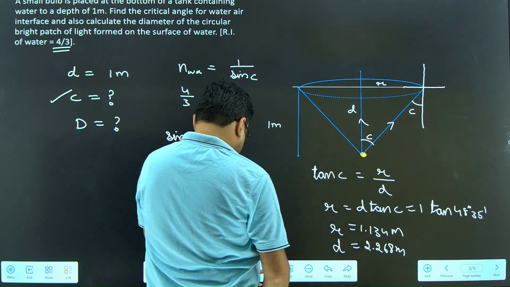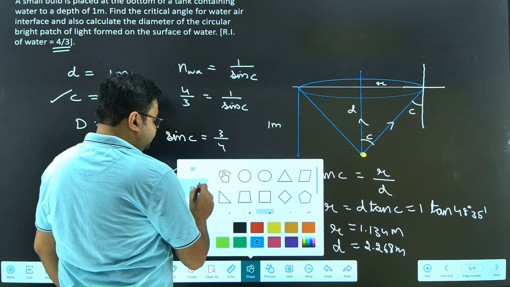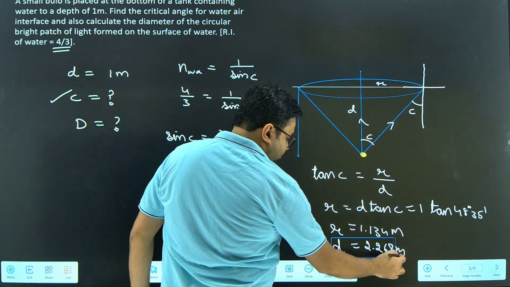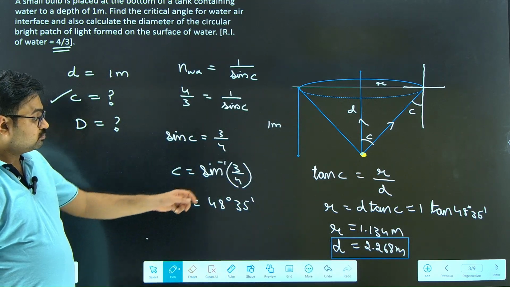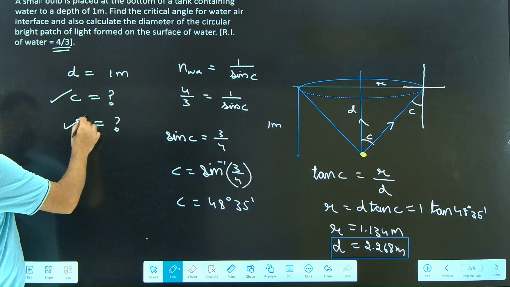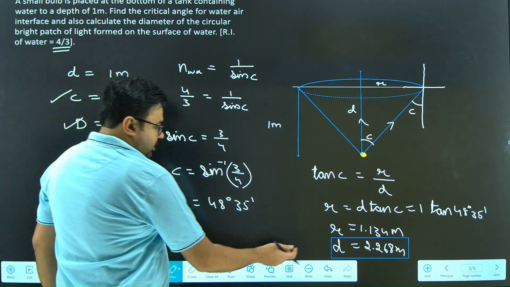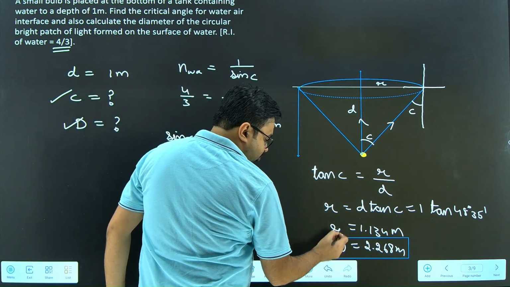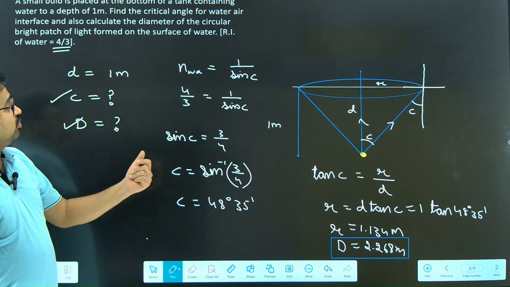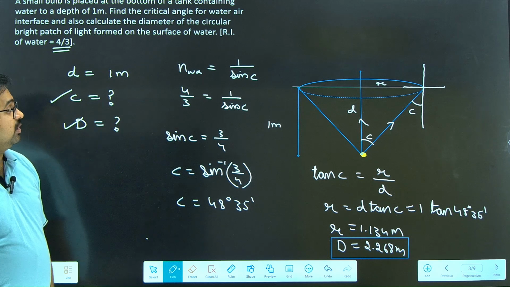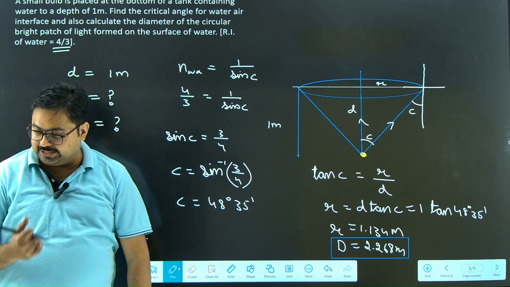Just wanted to put a box. There it is. So this is the answer for the diameter. Maybe you can simply write it as capital D because I used capital D. Small d is for the depth. This is how you would solve any question that is based on critical angle and total internal reflection.